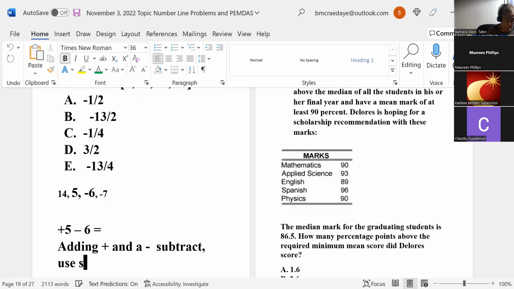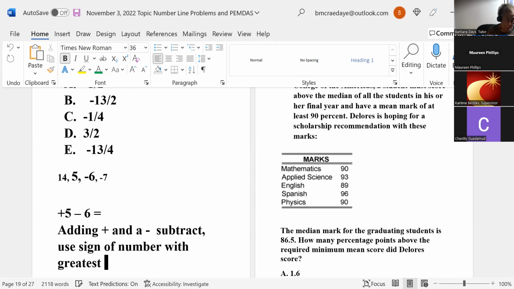Use sign of number with greatest absolute value. That means you disregard the sign. Okay, so you're adding a plus and a minus, you subtract. So +5 and a -6, you subtract.